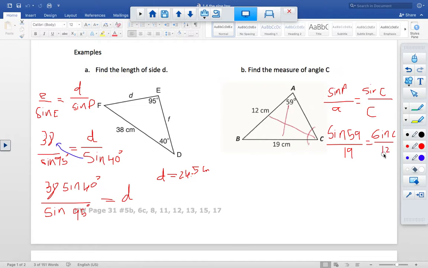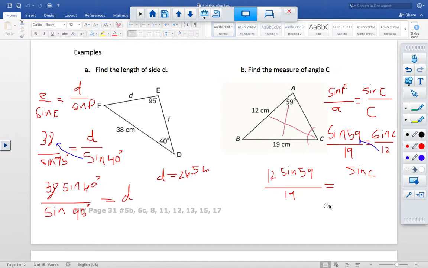Similar to the other question, all I have to do is half cross multiply, so I multiply the 12 by the sine 59 over 19 equals sine C. You can see here that if I do this on the calculator, I'm going to get a decimal.